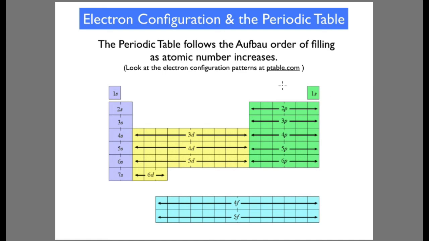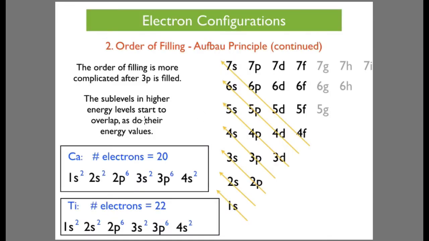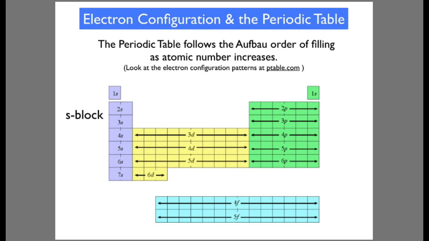The periodic table follows the Aufbau order of filling as atomic number increases, let's have a look. Got the s block, the p block, the d block, and the f block down at the bottom there.